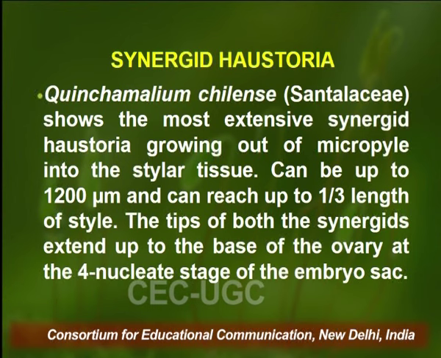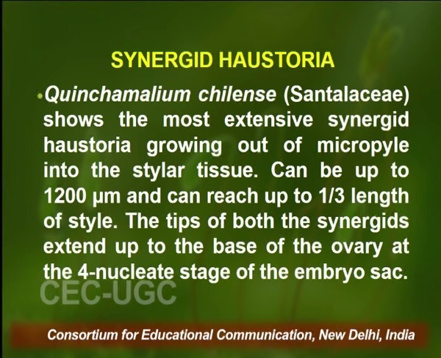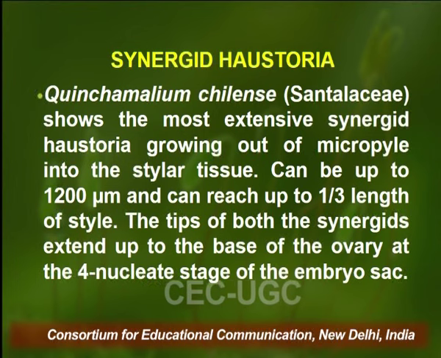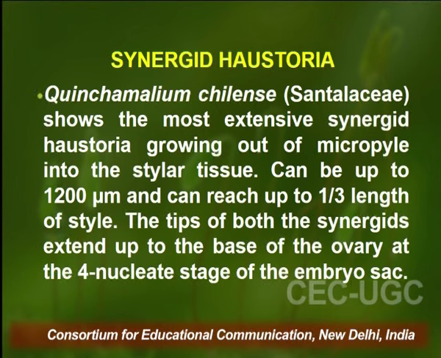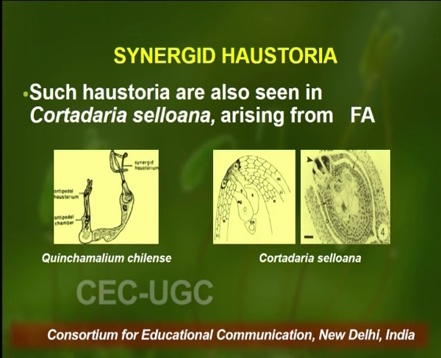The tips of both the synergids extend up to the base of the ovary at the 4-nucleate stage of the embryo sac. So, these long haustoria present in the stylar tissue try to take up maximum nutrients from that particular area.